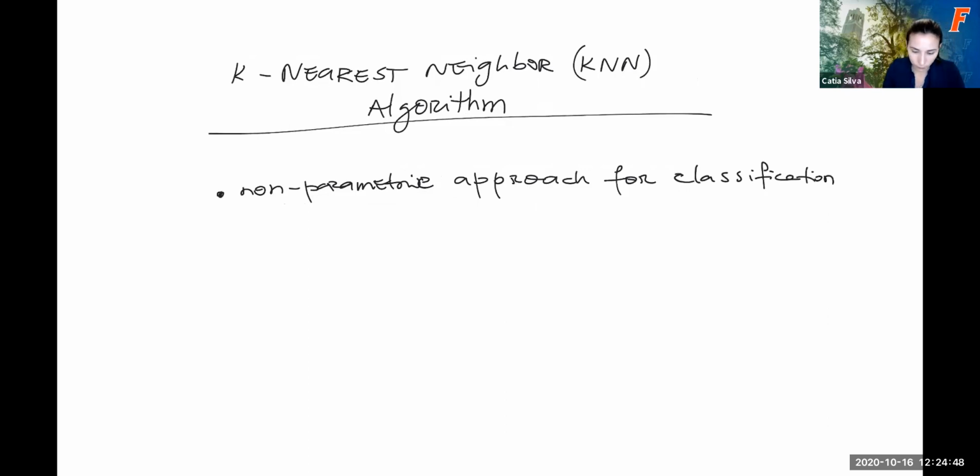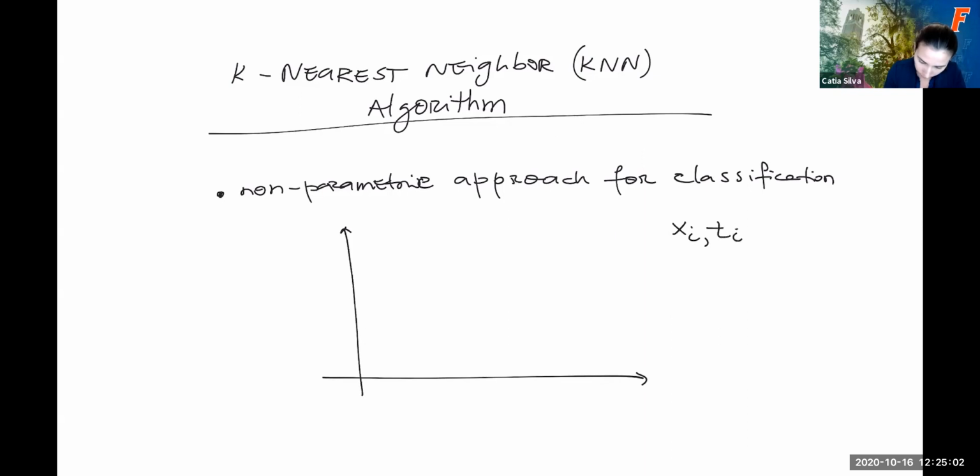Okay, and so let me give an example. Suppose that we have, again, we're dealing with classification. So we're going to have data samples x_i and their corresponding labels t_i, and we have n such pairs, okay? In this example, the x_i's are going to be two-dimensional.